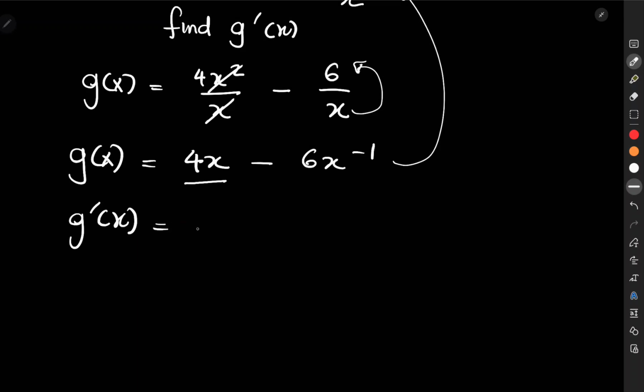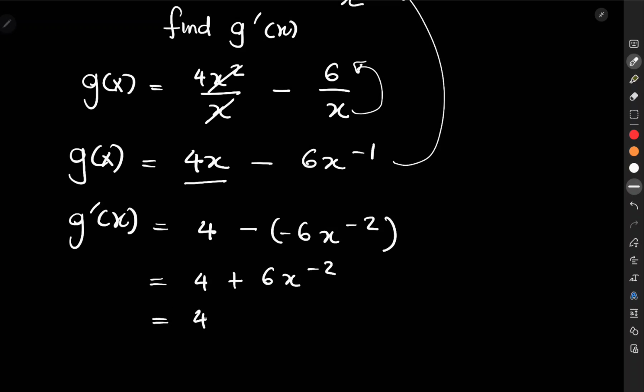So to derive the first one, we know that we only have 4 minus x 6x to the power of negative 2. So if we simplify that, we have 4 plus 6x to the power of negative 2.